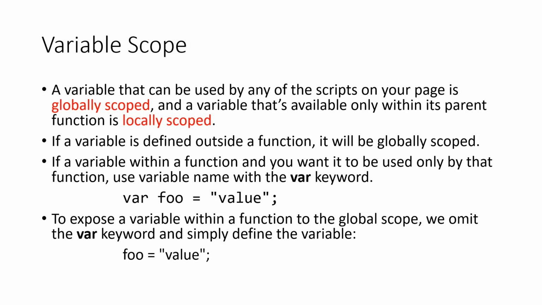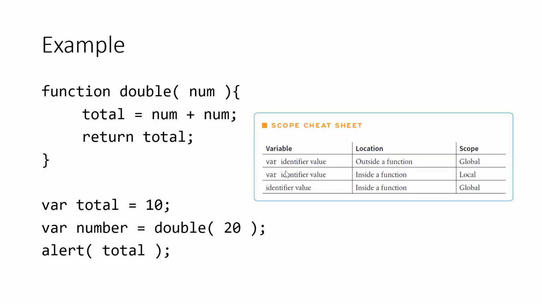Right, now let's try to understand this with a simple example. In this example, you see we have a function double and we have a number. And simply what we do is we double the number.